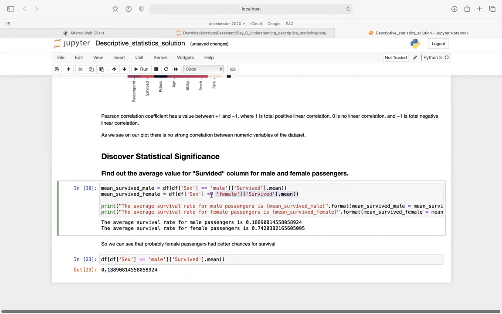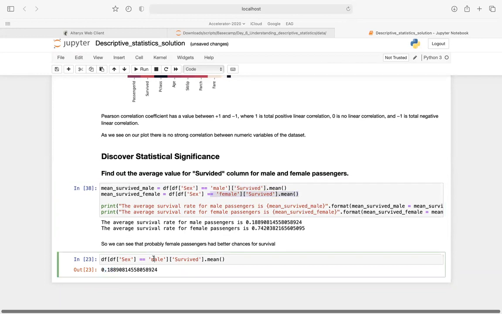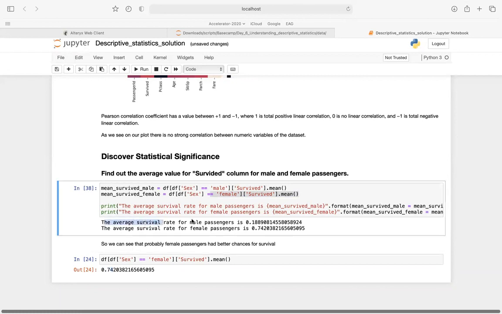Similarly, I'm doing it for female, right? So if I simply say female, and I'm simply putting it in the print statement. So the average survival rate for male is 0.18. The average survival rate for female is 0.74.